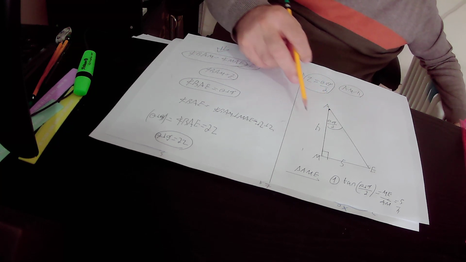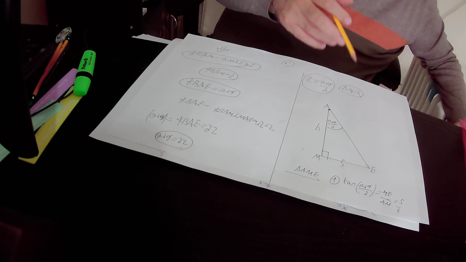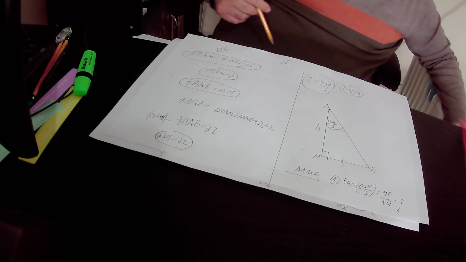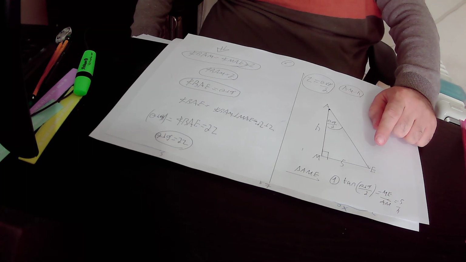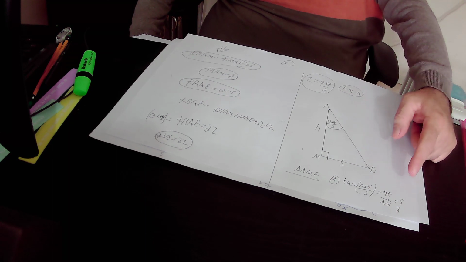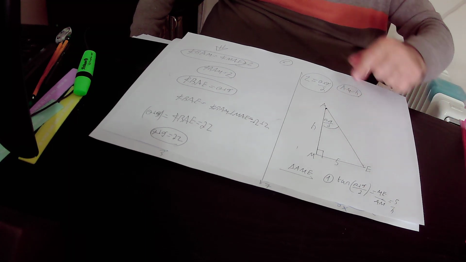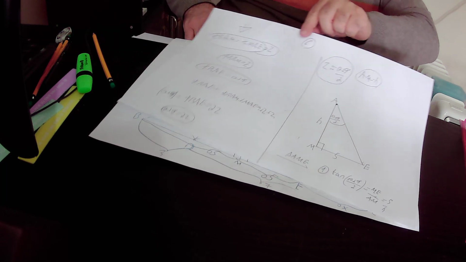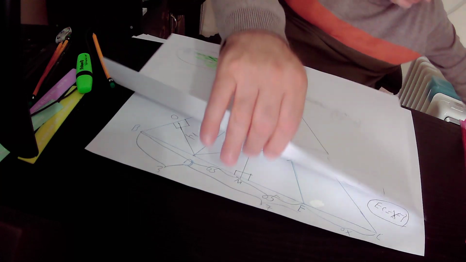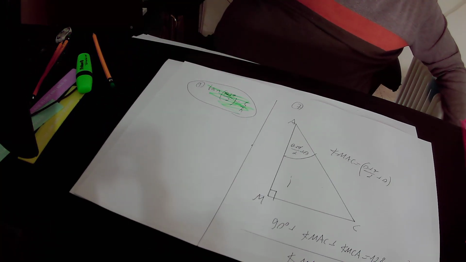And we just found out that angle MAE equals (theta plus alpha) over 2. So in the right triangle MAE, we can write down the tangent of (theta plus alpha) over 2 equals ME over AM. ME equals 5 units, AM equals edge. So in conclusion, tangent of (theta plus alpha) over 2 equals 5 over edge.